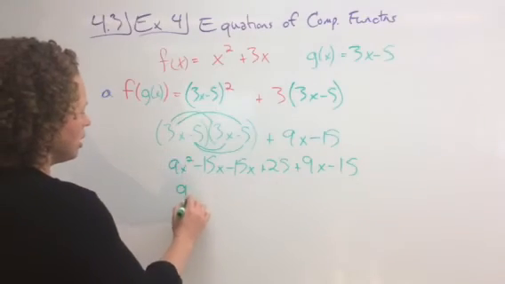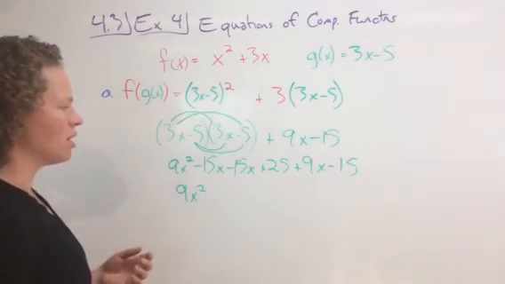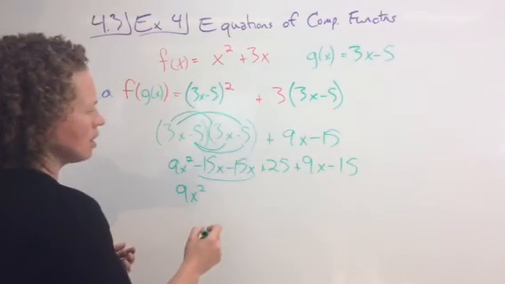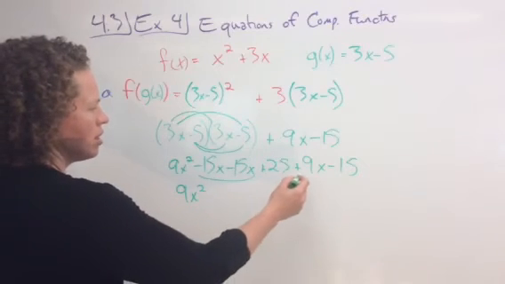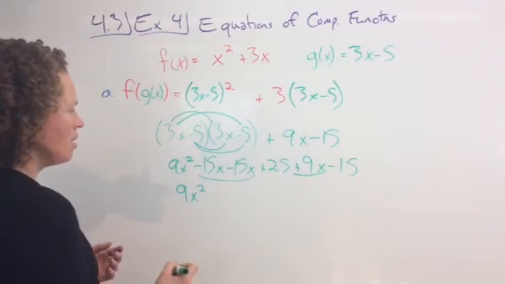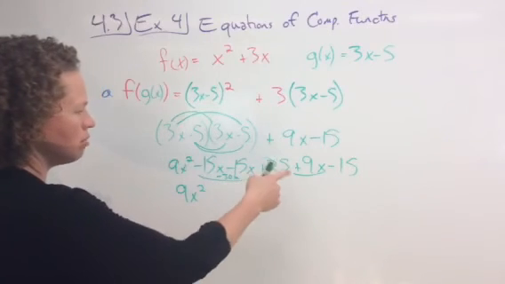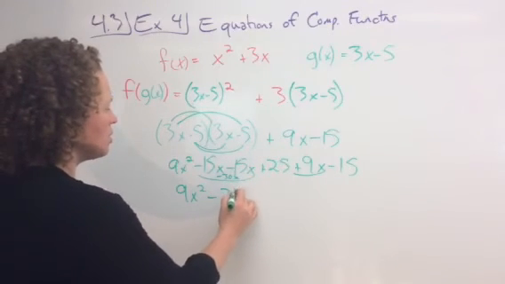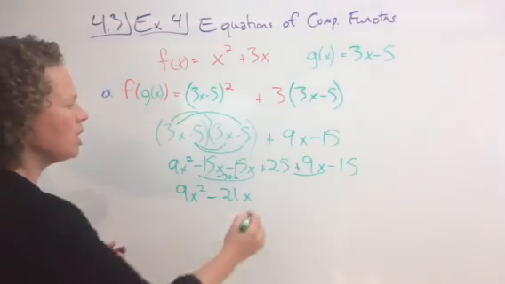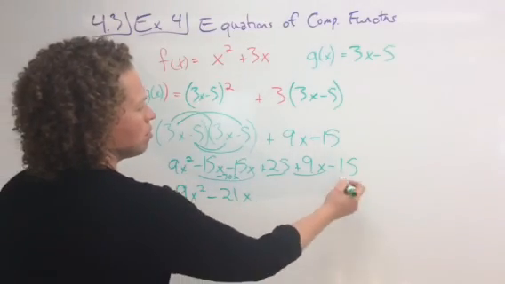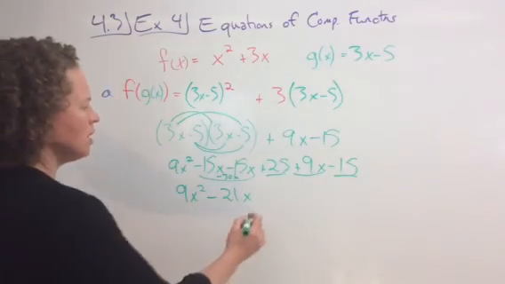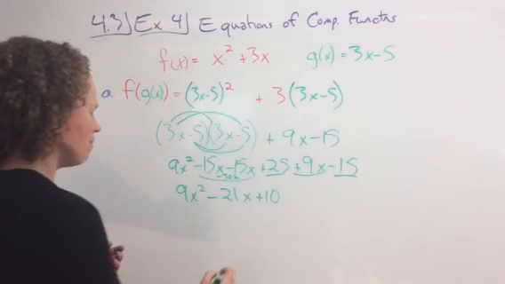I only have the 9x squared, there's no other x squared, so that's fine. This is negative 30x, plus 9x. So if I've got negative 30x here and positive 9x there, I'm going to have minus 21x for my total. And then I've got positive 25 and negative 15, which will give me positive 10.